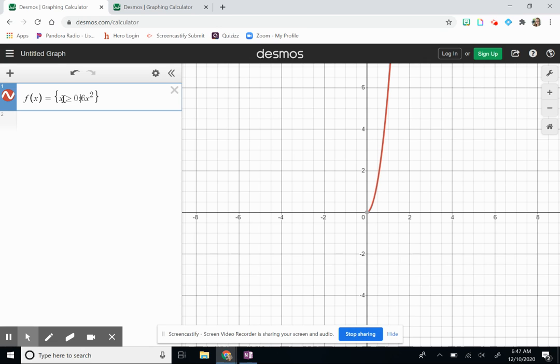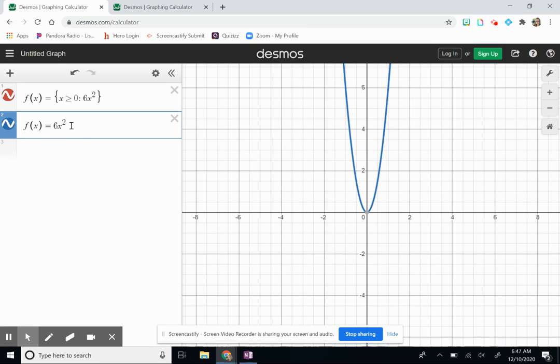There we go. The way in Desmos that this is written is that we write the condition first, and I have to use these set brackets. So f of x is going to be, when x is greater than or equal to 0, 6x squared. You may notice that we just lost half of the graph.